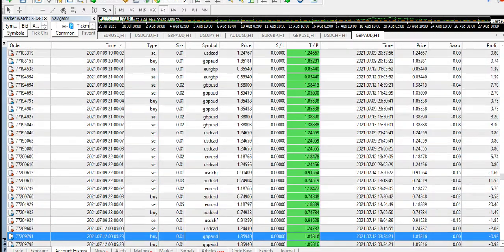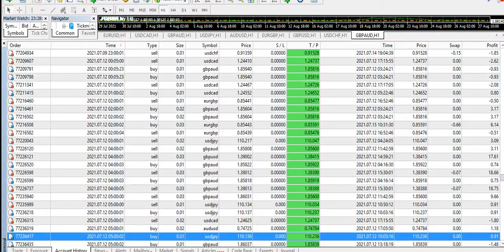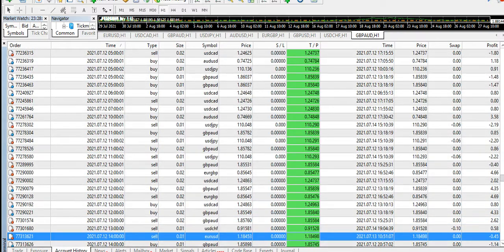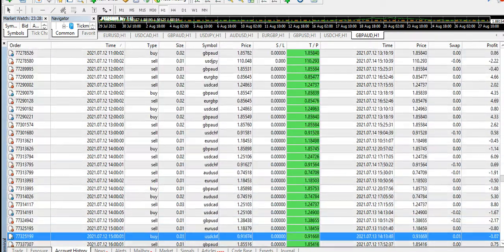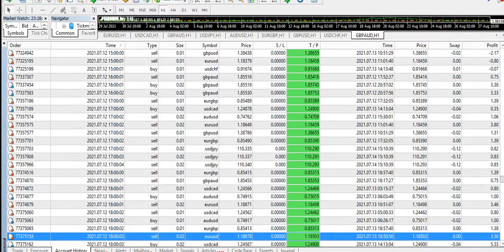It is something that I personally use when I trade. If I have sufficient equity, I trade on multiple pairs. Rather than increase the lot size, I trade with multiple pairs just to minimize my risk, because every pair is different.